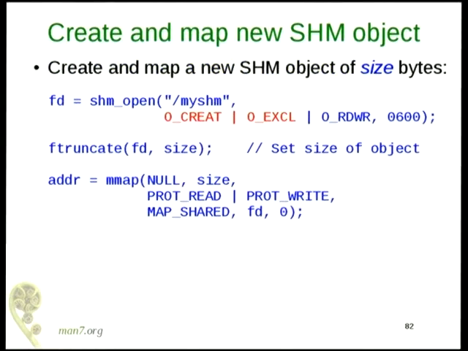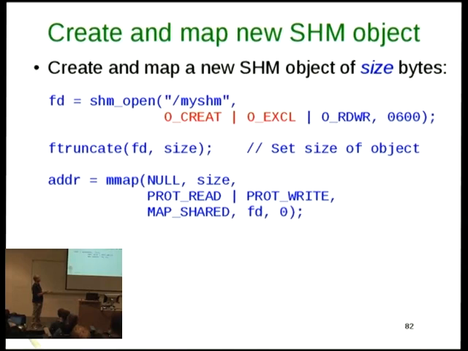So, an example there, creating and mapping a new shared memory object, size bytes. I say shared mem open, give my path name. I want to create it exclusively for reading and writing, with permissions for reading and writing by the owner only. I change the size of the object because to begin with a new object has 0 size, so I say ftruncate that file descriptor to my desired size, and then I say mmap that object, at an address chosen by the system, here's its size again, here are the permissions I want on that memory.